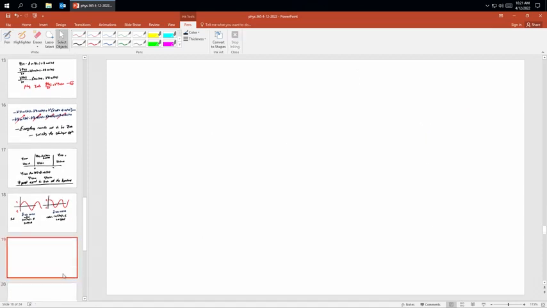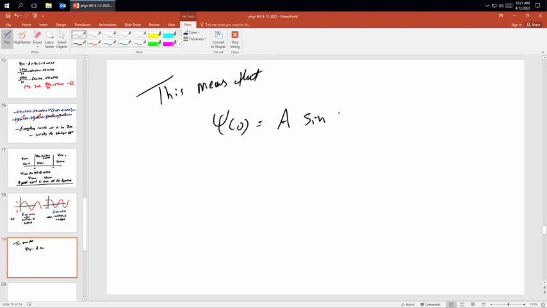This means that psi of 0 is going to equal a sine k of 0 plus b cosine k of 0, right?